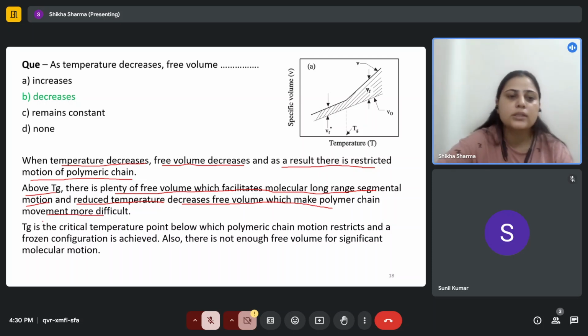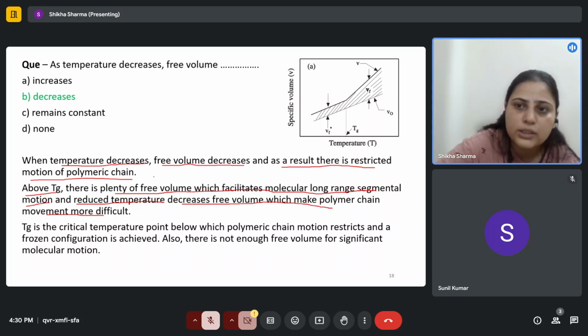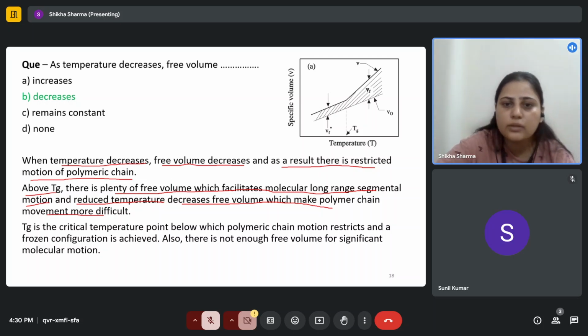So above Tg, the glass transition temperature, the free volume is more because we have the long range segmental motion. And at the low temperature, the free volume will be less because the polymeric chain movement will be restricted. It is difficult for the polymeric chain to move at the low temperature.